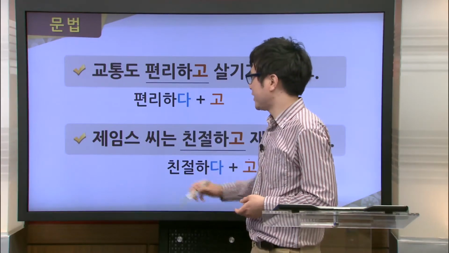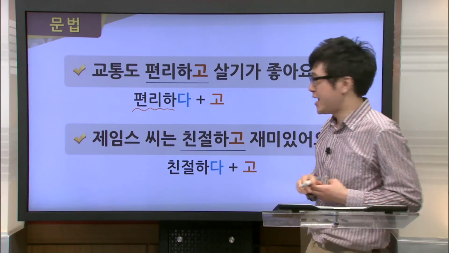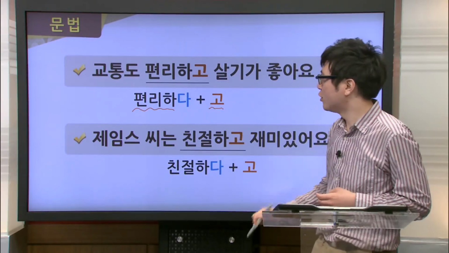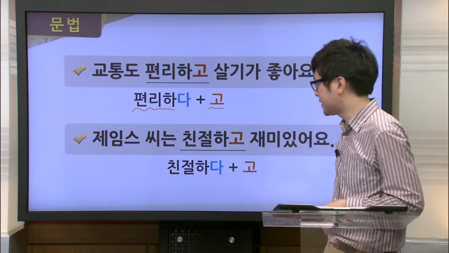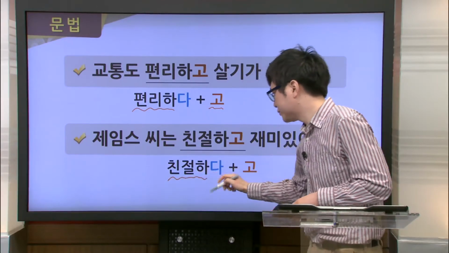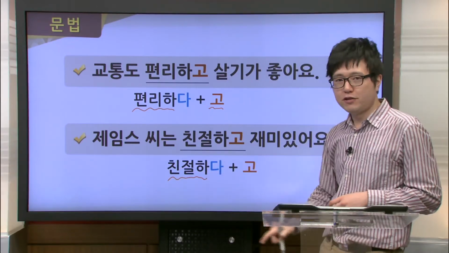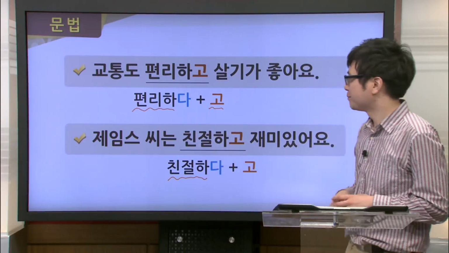Here in the case of 편리하다, what we do is we have the 편리하 and the 다 is removed and we add 고 to get 편리하고. Likewise, in the second example here, we had the original 친절하다, but what we do is we just take the 친절하, remove the 다, add 고 to get us 친절하고.